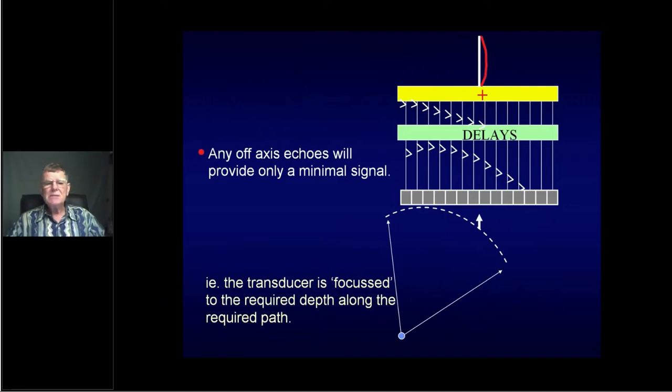Now, what happens if the echoes are coming from the right depth, but they're slightly off center? Okay, they're away from the center of the beam. Well, if there's an echo coming from out to the side, it will radiate out its wavefront, but can you see that it will be asymmetrical? It'll be coming up in this sort of shape and hit the transducer elements off center like that.